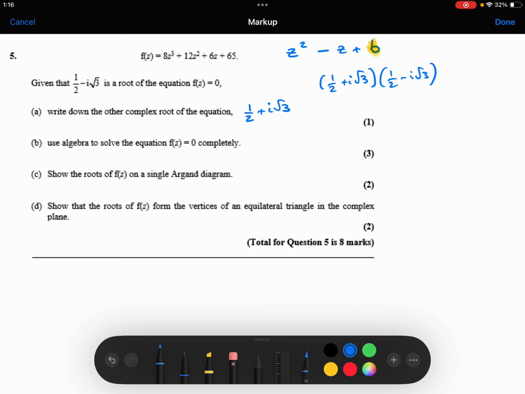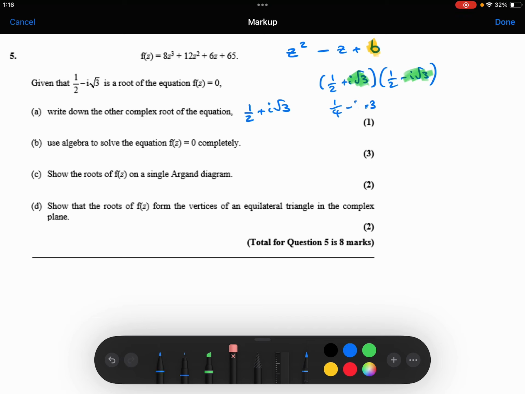So the 1/2 times the 1/2 is 1/4. We know that multiplying these two together will cancel out with multiplying these two together. And so I just now need to multiply these two together, which would be minus I squared times 3.